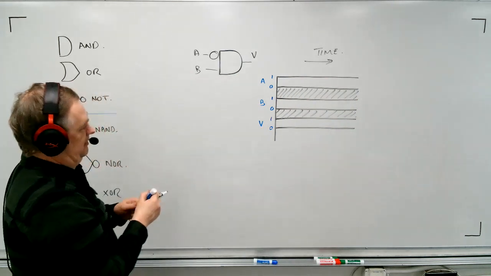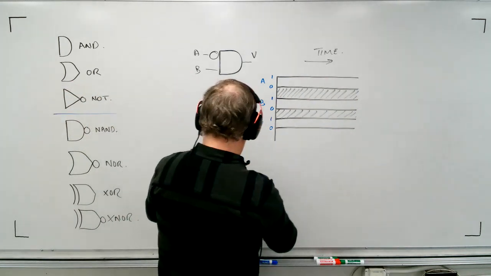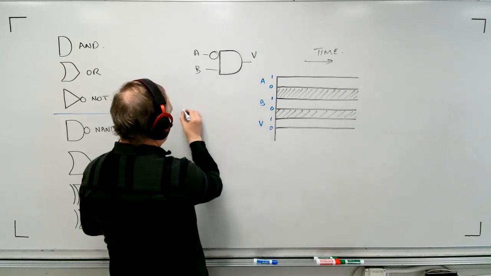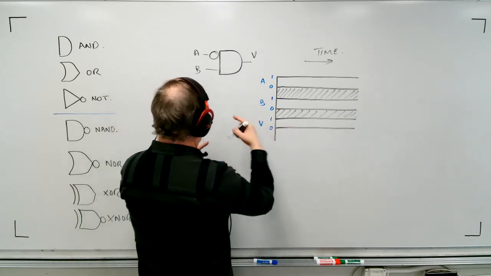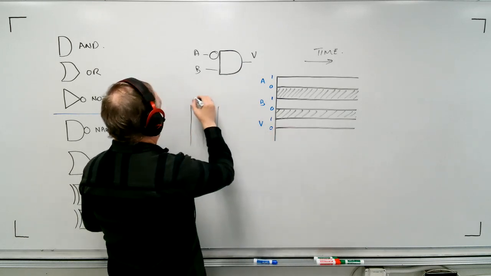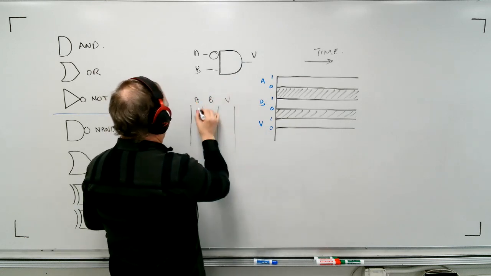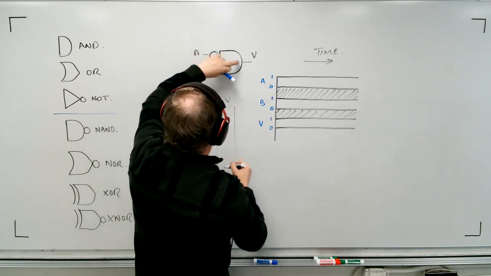Now, we usually start by looking at our truth table. So I'm going to quickly make the truth table because we want to compare this. This would be A, B, and V, right? If this was 0 and 0, that would make this 1 and 0, which would make that 0.